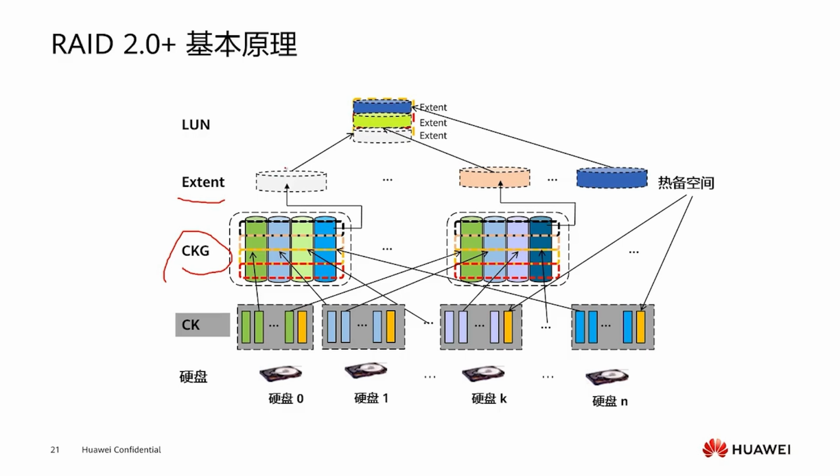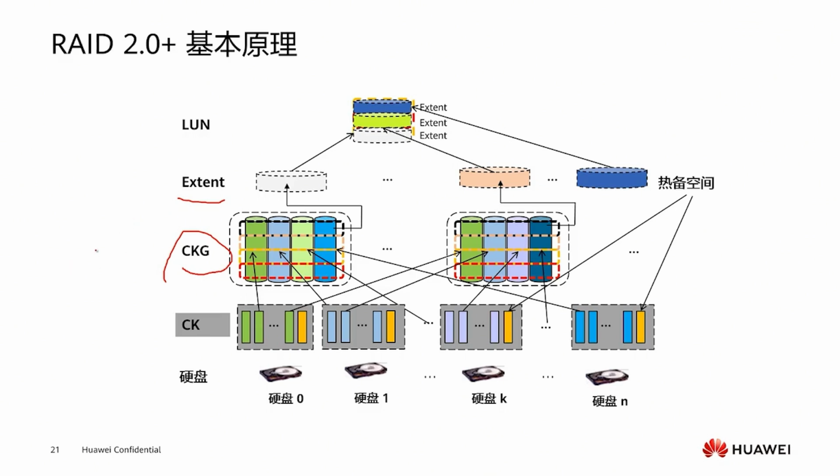Compared to traditional RAID mechanisms, RAID 2.0 Plus has the following advantages. The first is that its business has load balancing and avoids hotspots. Its data is scattered on the hard disks of the resource pool, balancing the load on the hard disks and avoiding individual disks from reaching their lifespan limit due to more write operations.